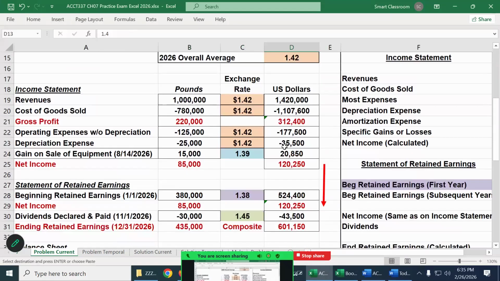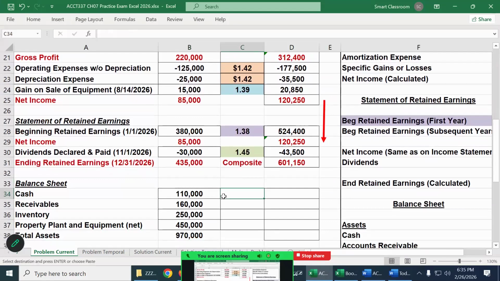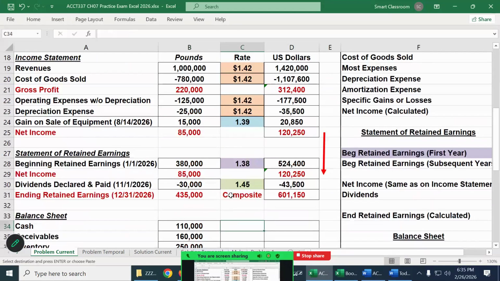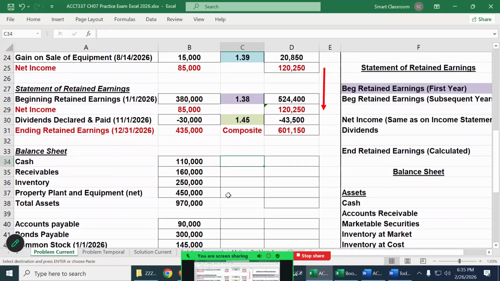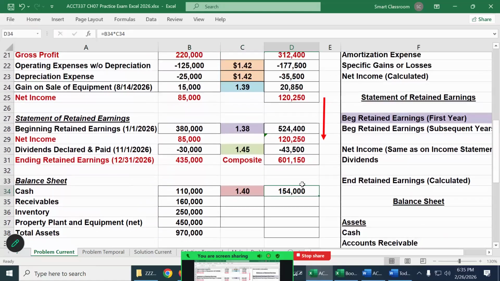So we're saying, okay, if they have cash at the end of the year of 100, what are these pounds? 110,000 pounds. Transfer that over. So it's 154. And that should be the same for all of those.